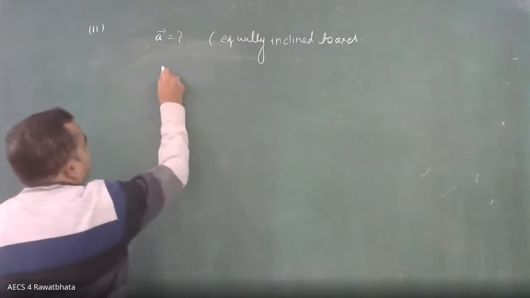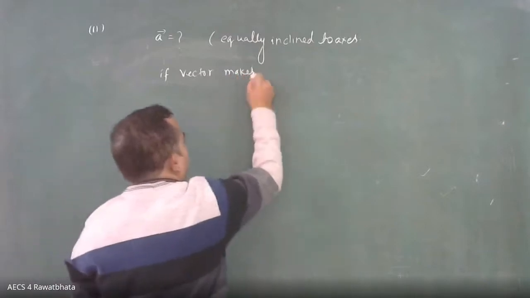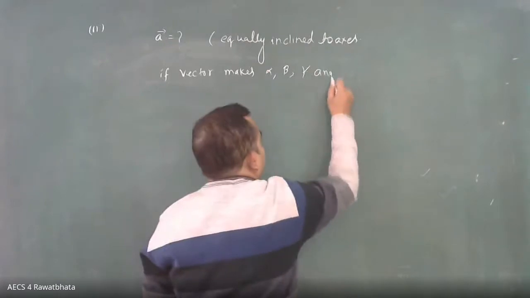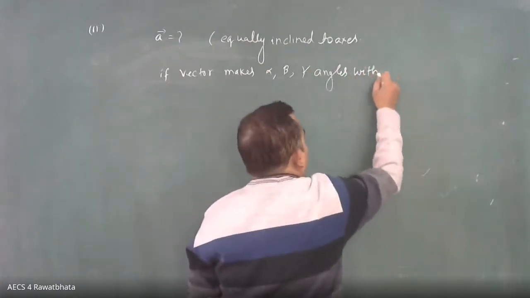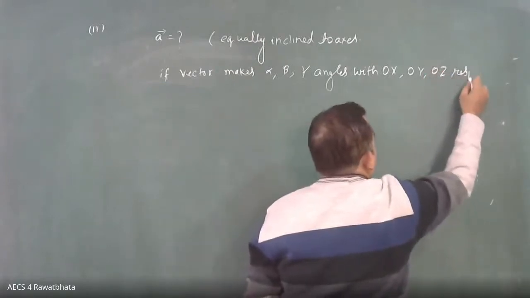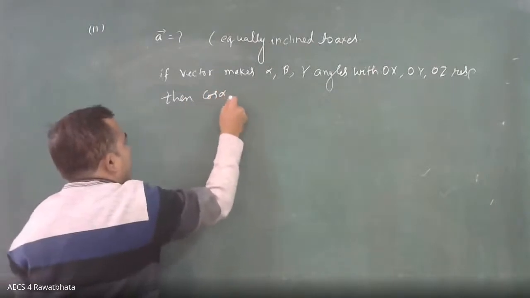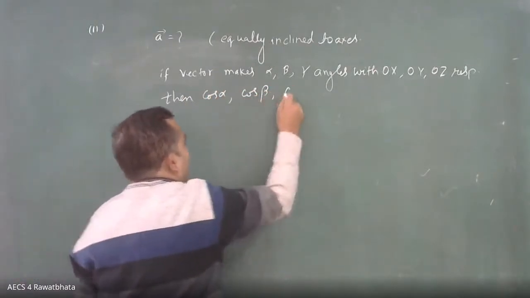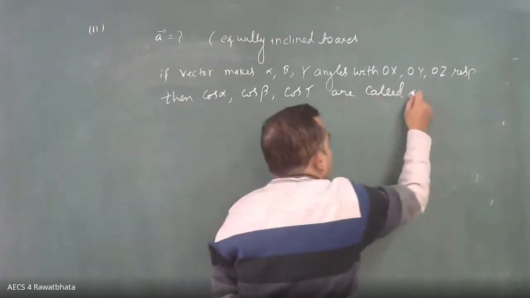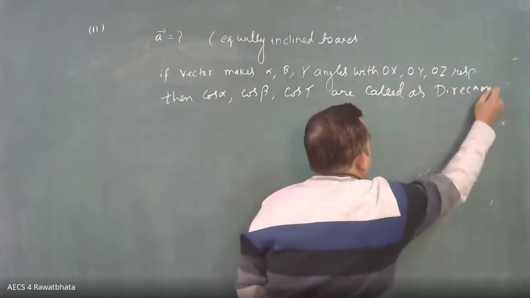If a vector makes alpha, beta, gamma angles with OX, OY, OZ respectively, then you should know that cos alpha, cos beta, and cos gamma are called direction cosines of the vector.